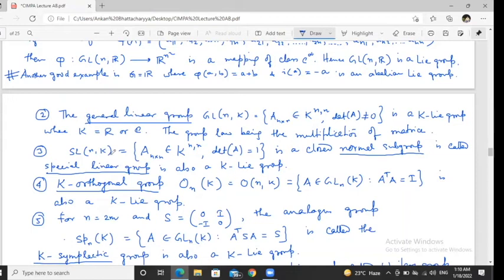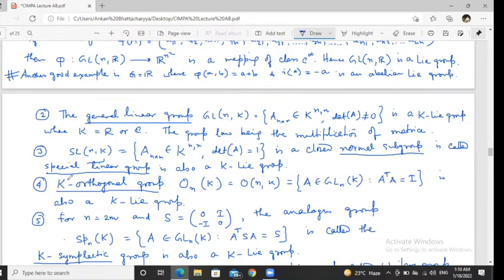Similarly, SL(n,K) is the special linear group where determinant A equals 1. It is a closed normal subgroup of GL(n,K), and it is called the special linear group.